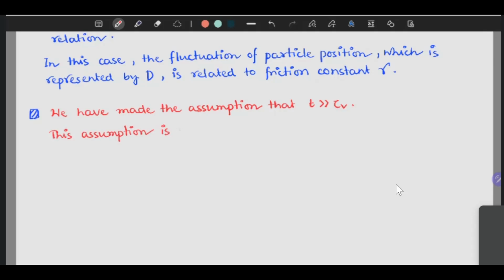And this assumption is usually satisfied in soft matter systems. Okay.